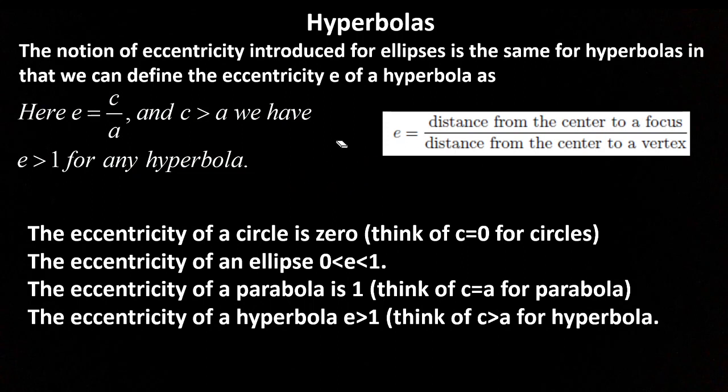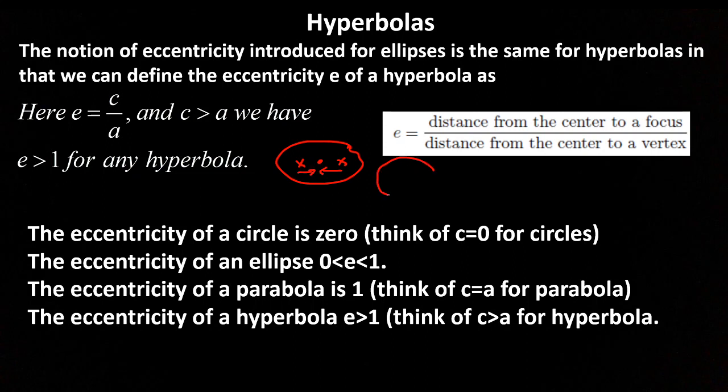And the idea of eccentricity is important because when we talk about polar form of conic sections, we see that e determines basically what shape we have. So eccentricity for a circle is 0. Why? Because think of a circle as an ellipse. When you make it more circular, the foci approach the center.